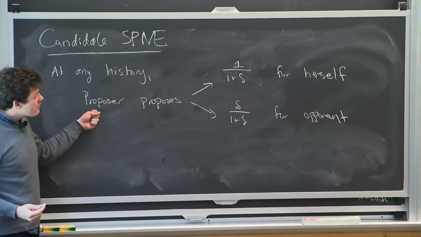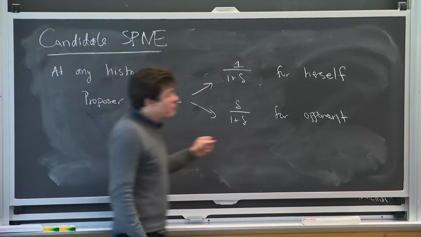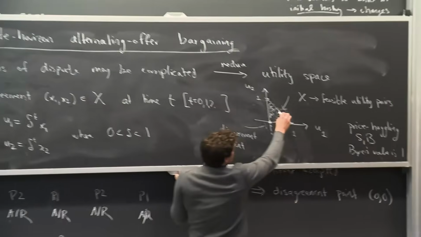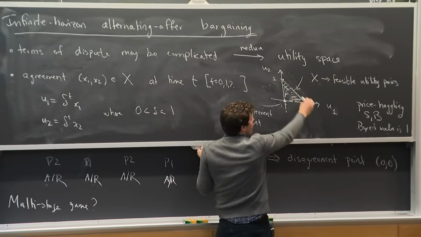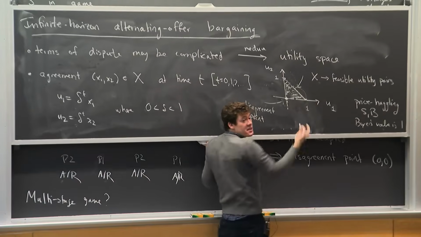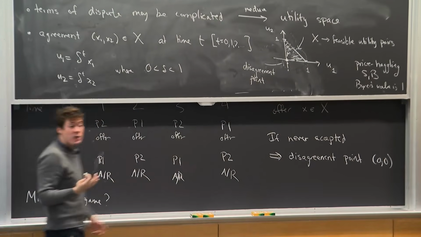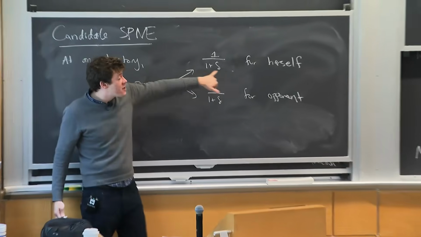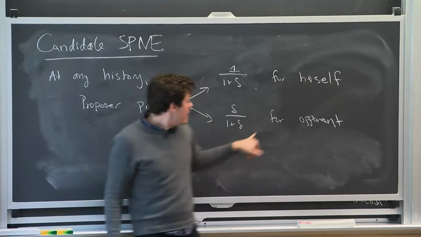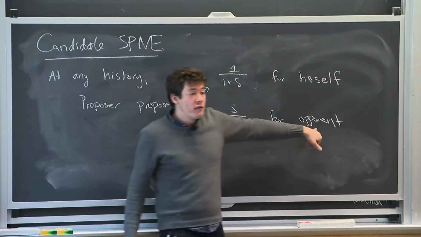So I'm proposing a split. Remember, along this line, the sum of the components of this vector is always 1. So we're thinking about how to split the 1 unit of utility we have. I'm going to propose to keep 1 over 1 plus delta for myself as the proposer, and delta over 1 plus delta for the opponent.